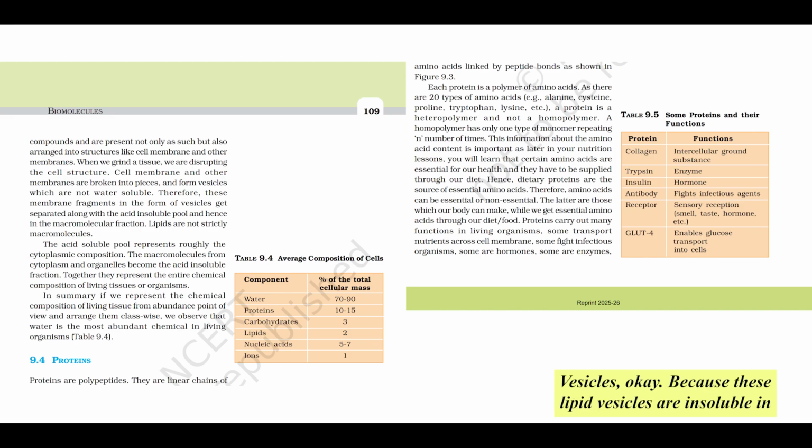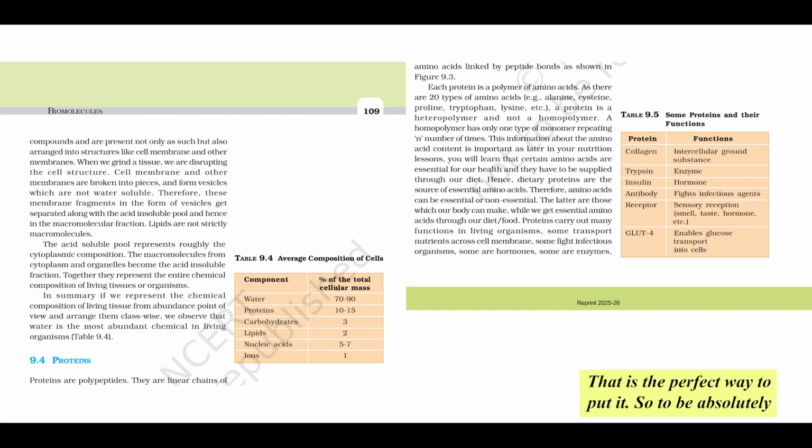Vesicles, okay. Because these lipid vesicles are insoluble in the acid, and because they are physically larger entities than individual dissolved micromolecules like glucose or amino acids, they get trapped along with the true large macromolecules, proteins, nucleic acids, polysaccharides, in the acid-insoluble pool when we do the straining step. So it's not their individual molecule size, but the fact that they clump together into these insoluble vesicles when the cell breaks.